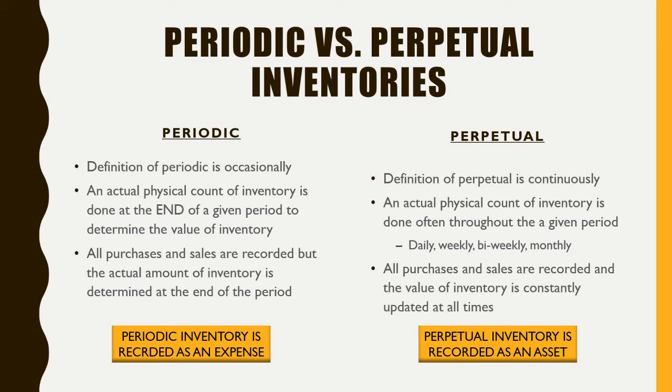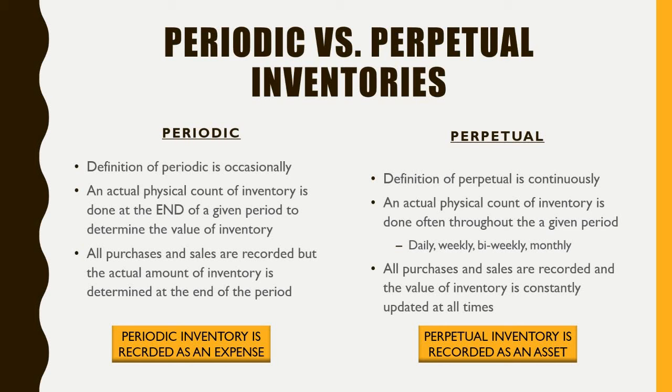Okay? So, with that being said, if you're keeping track of all purchases and all sales, this is the huge difference between periodic and perpetual. When we recognize purchasing inventory under periodic, we recognize it as an expense first, right? We recognize it as a mere expense to the company.